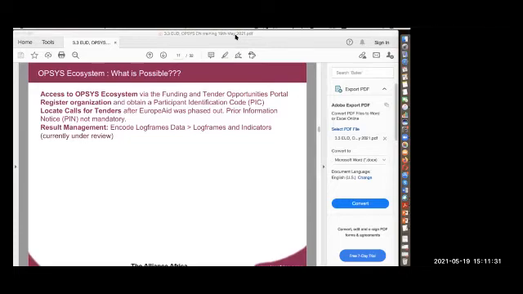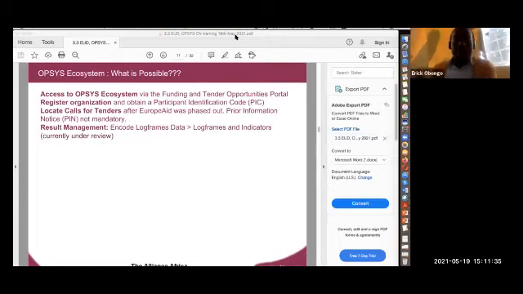But for civil society organizations, it's more or less calls for proposals, funding which comes through the calls for proposals. That's why they call it the funding and tendering portal, to encompass every stakeholder who is involved in action. Thank you.